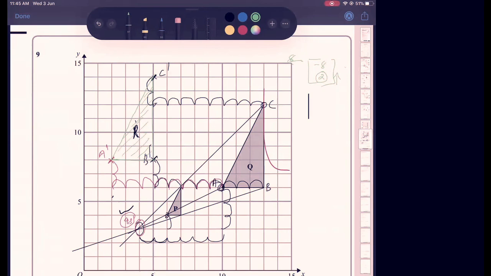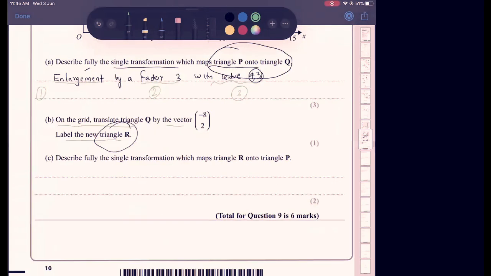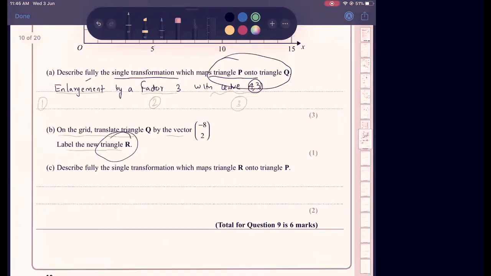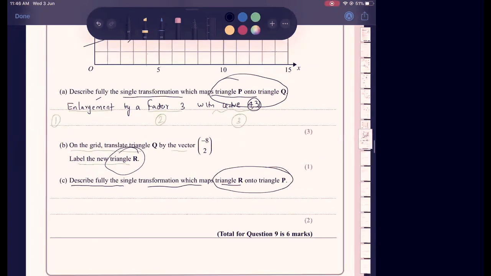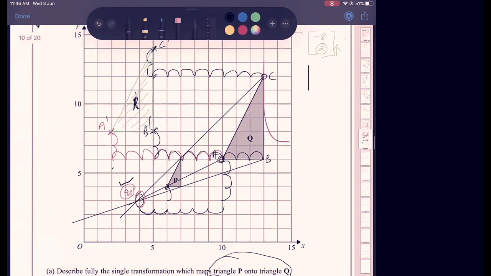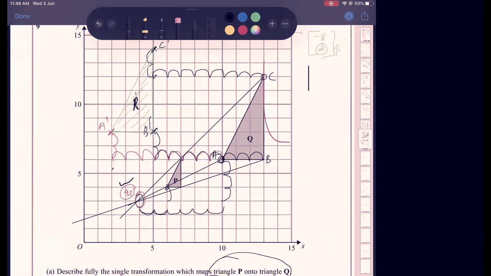Now, moving to C. Describe fully the single transformation that maps triangle R onto P. R onto P. So what is the relation between R and P?